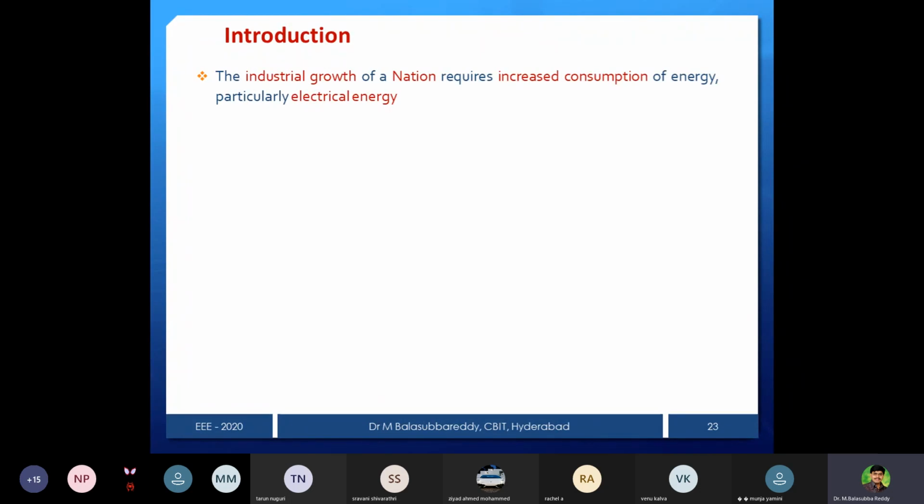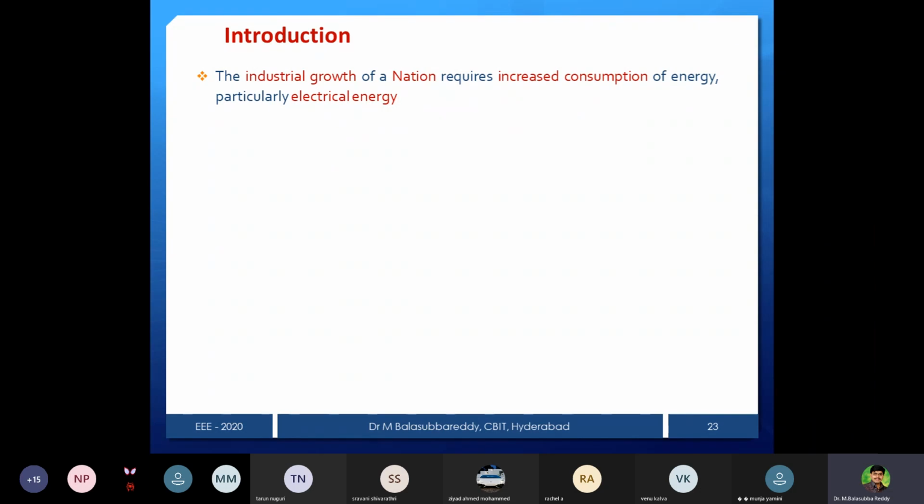And then the industrial growth of a nation, everybody knows this sentence, means increased consumption of energy, particularly electrical energy. So person-wise or country-wise, what is the consumption of energy in India or any other particular country, that shows their capability, the growth of the country.